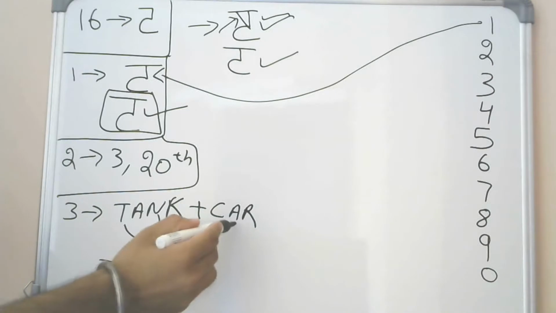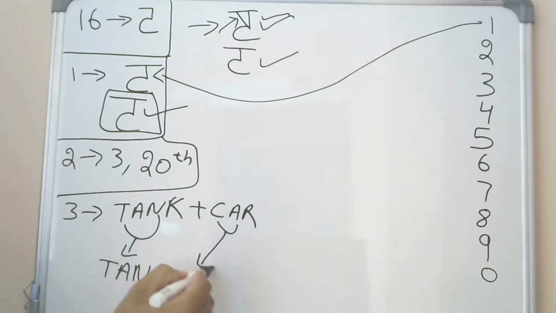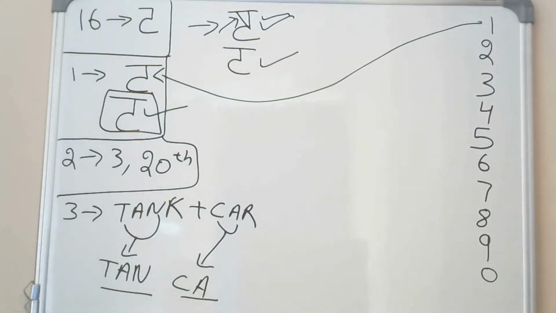I will use this sound of car, ka. Tang, ka. From tank, we will get the sound tang, and from car, we will get the sound ka. So it will be tang, ka. This is how you will pronounce this letter.